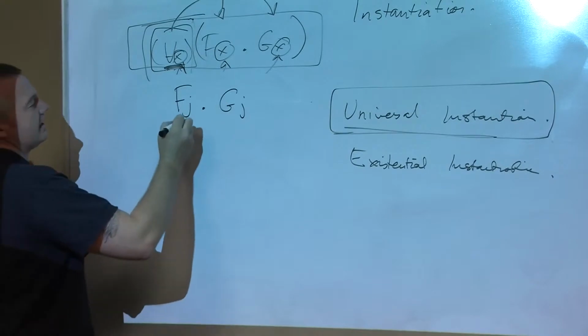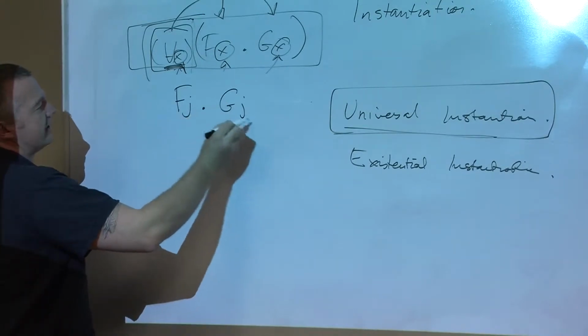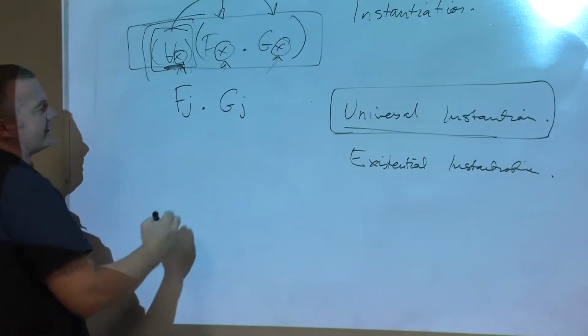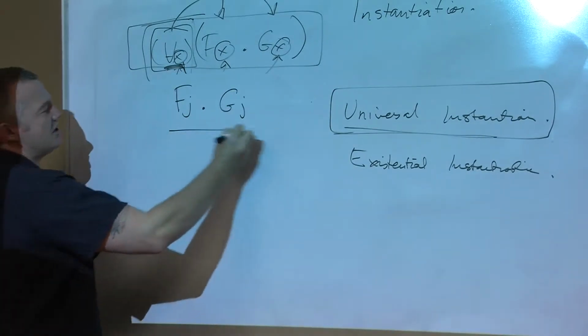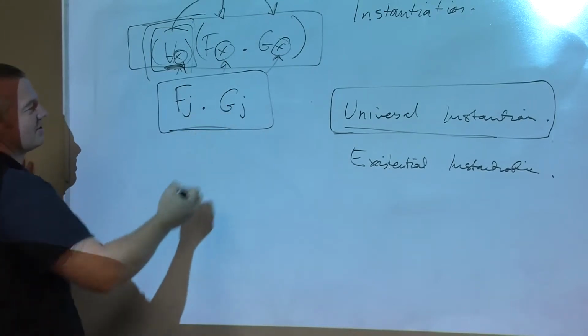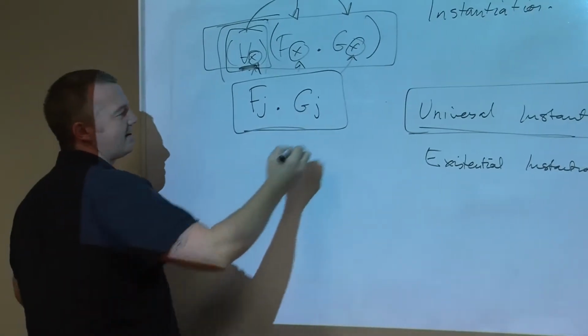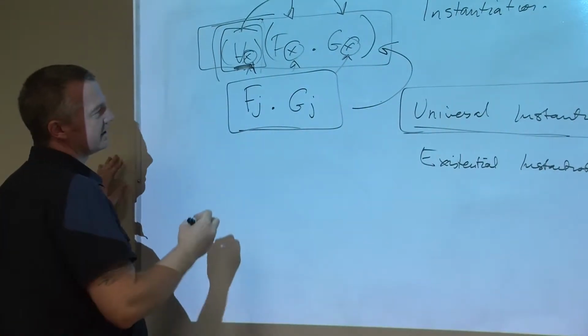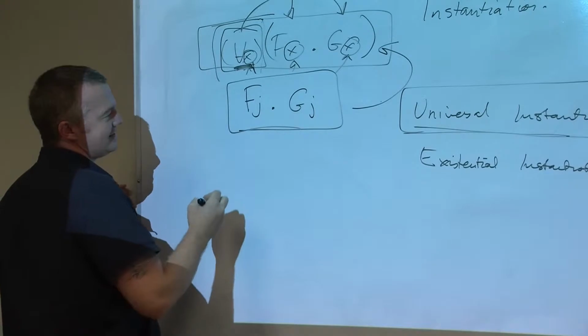So here, let's say it's friendly and gregarious. So Jan is friendly and Jan is gregarious. Okay, well, how could you know that Jan is friendly and Jan is gregarious? I know that because by universal instantiation, I was able to conclude from the premise that it is the case.